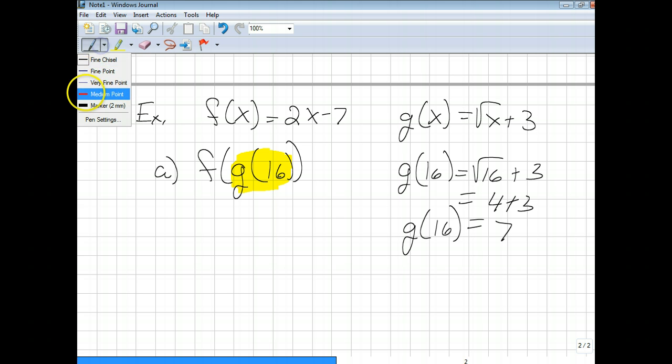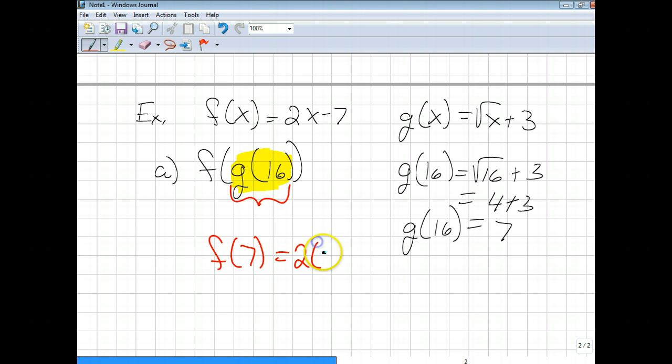So now we can replace this with 7. So now we're going to do f of 7. So in the f function, I replace x with 7. So I get 14 minus 7, or 7.